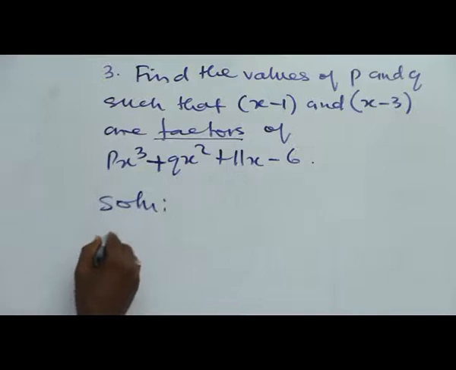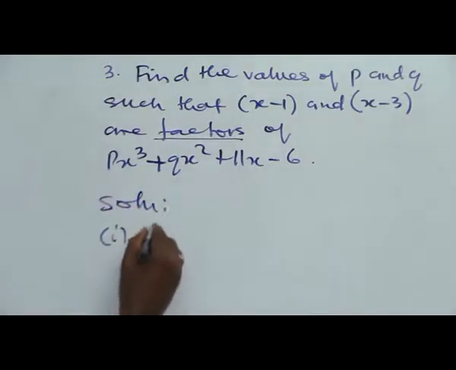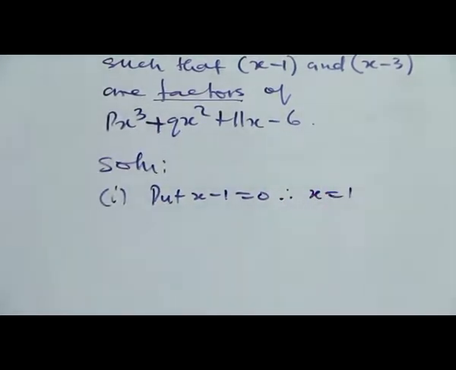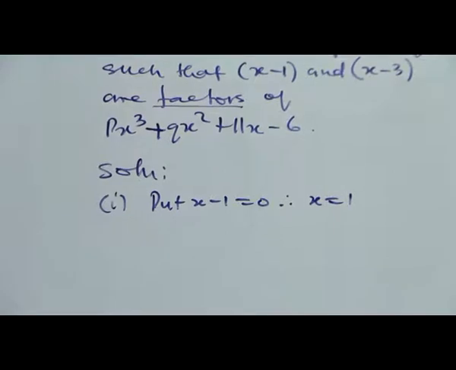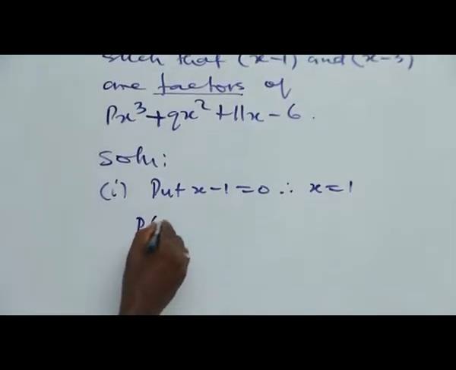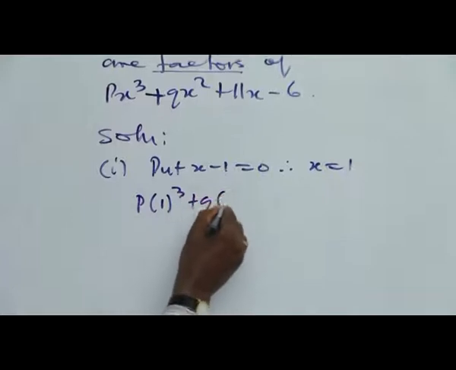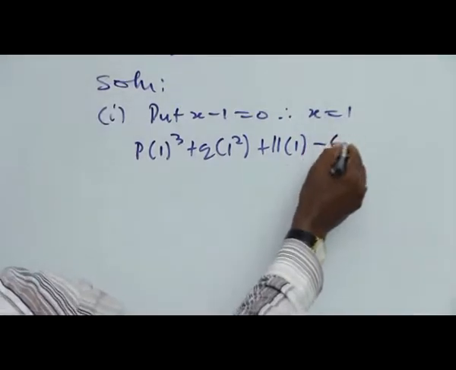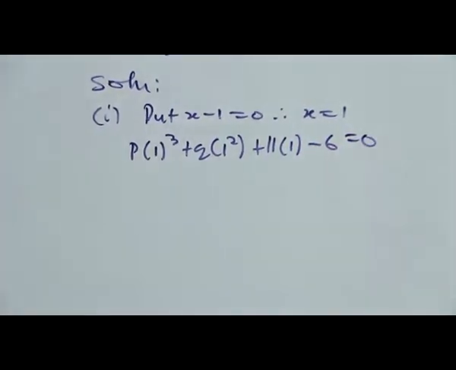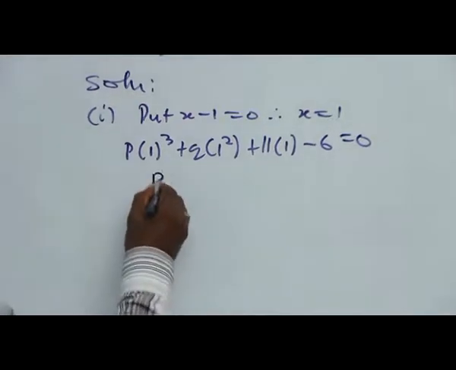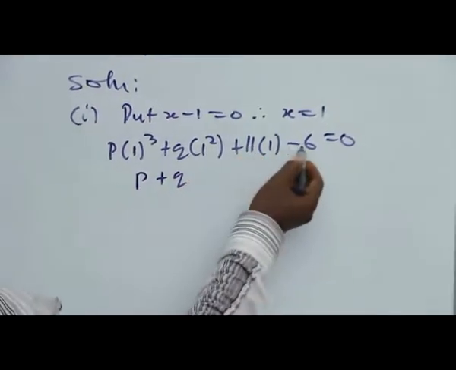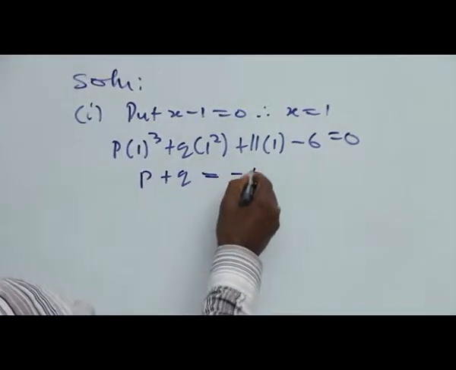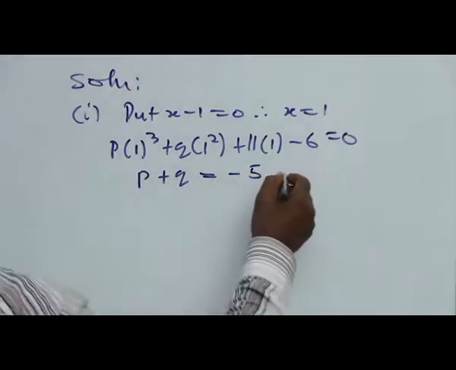So first, put s minus 1 equal to 0, therefore s is equal to 1. Putting s equal to 1 in the expression, we have p into 1 cubed plus q into 1 squared plus 11 into 1 minus 6, equal to 0. Now when you solve this, you have p plus q, and 11 minus 6 is 5, so p plus q equals minus 5. Call this your first equation.